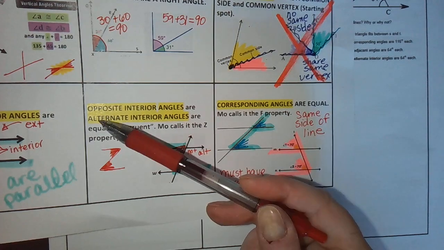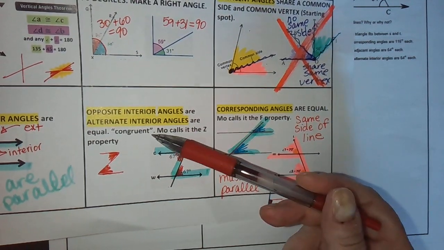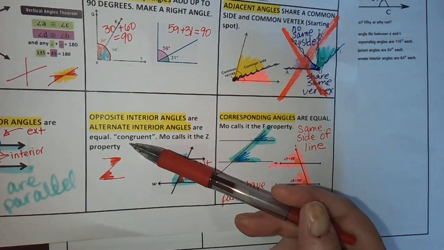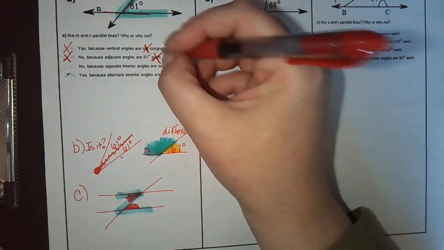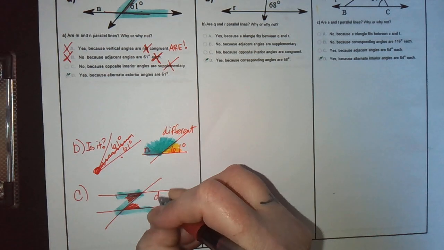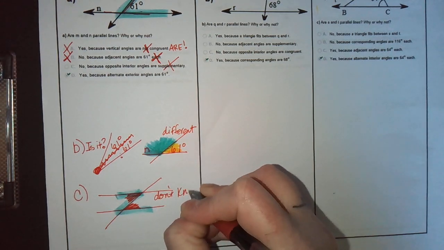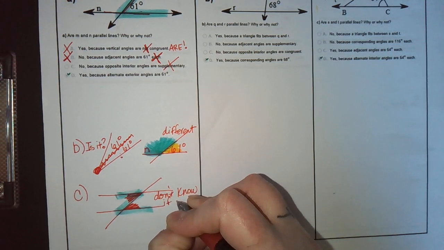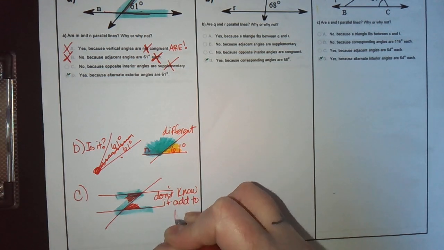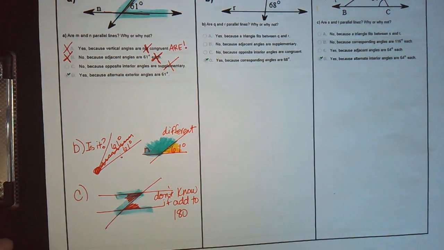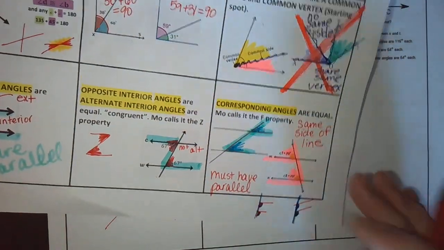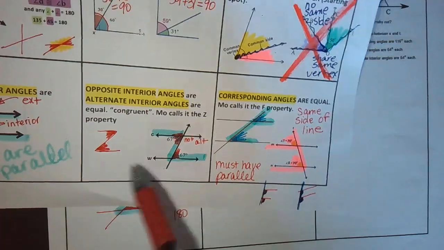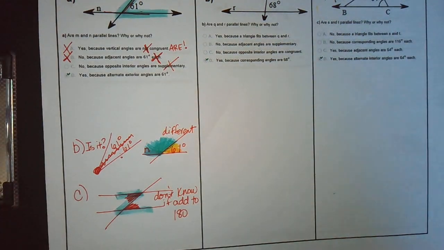But we said nothing about that on alternate interior, the definition. All we said is that they're congruent. So it doesn't say anything about adding up to 180, so we don't know if those add up to 180. I told you that it's not on this paper, so it might happen once if both angles were 90 degrees, but overall, it's not going to happen. Okay, so C is out.